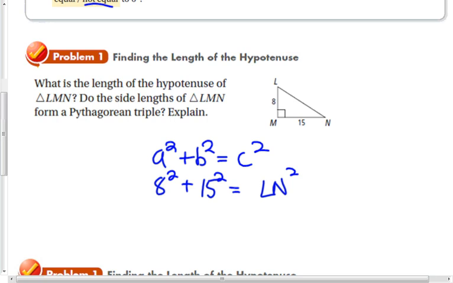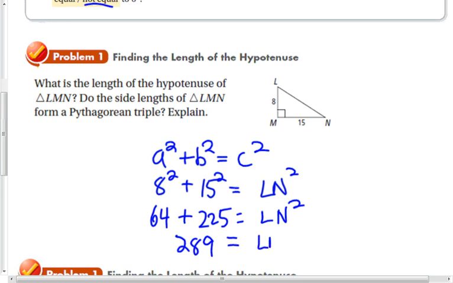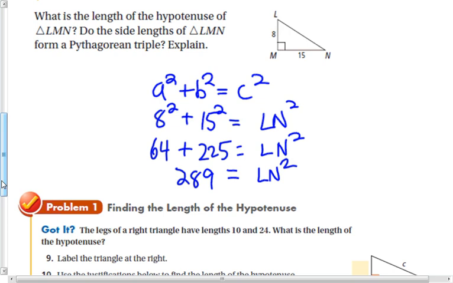And then we're just going to simplify that. 8 squared is 64, 15 squared is 225. And 64 plus 225 is 289. And then to undo that square, we're just going to take the square root of both sides. Square root of 289 is 17. The square root of LN squared is LN.